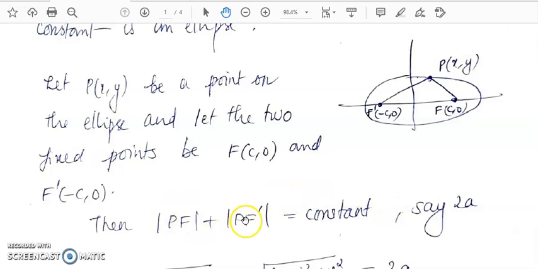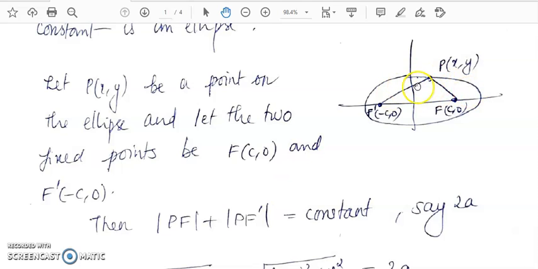This distance is constant. Now I am taking that constant to be 2a. So I am taking this to be equal to 2a, and now let me substitute the values of the distances PF and PF dash.